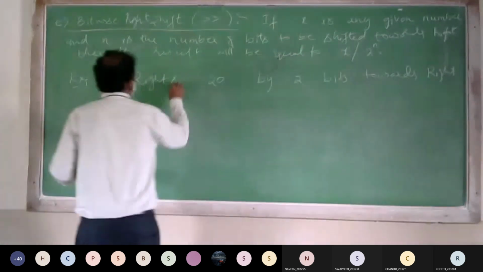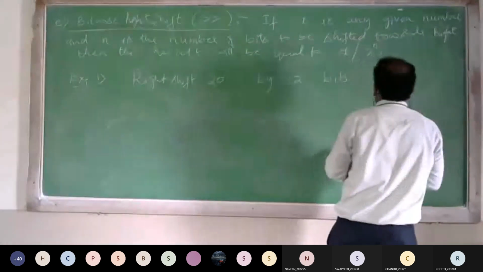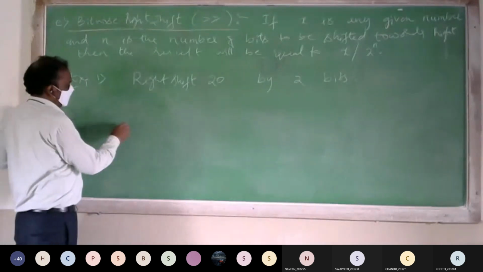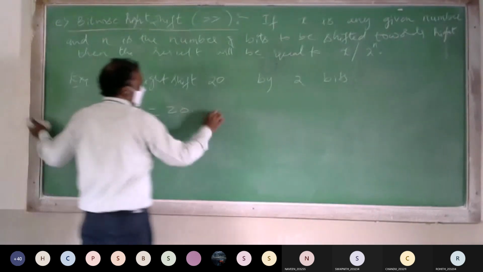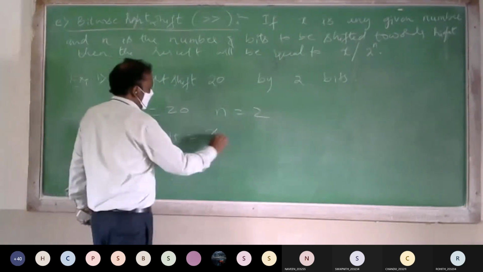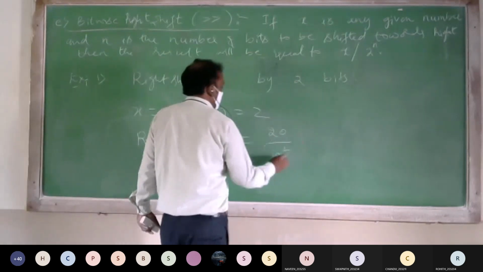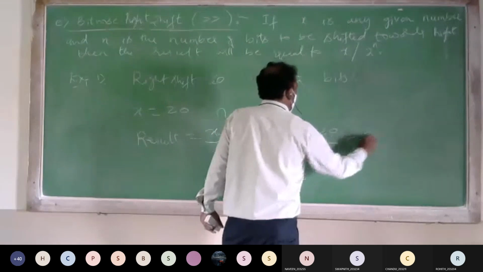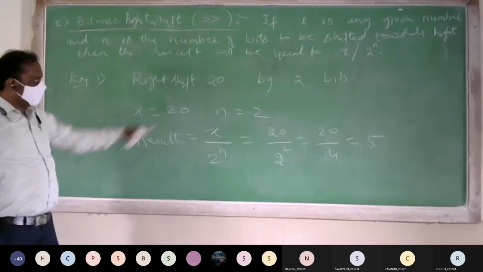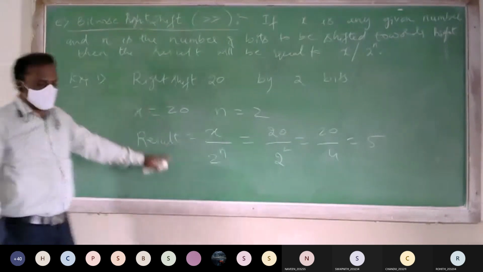So now x is equal to 20, n is equal to 2. Result is equal to x by 2 power n. X is 20, 20 by 2 power 2. 20 by 4. 20 by 4 is nothing but 5. Do you see that 20 by 4 is 5? So this is according to the formula.